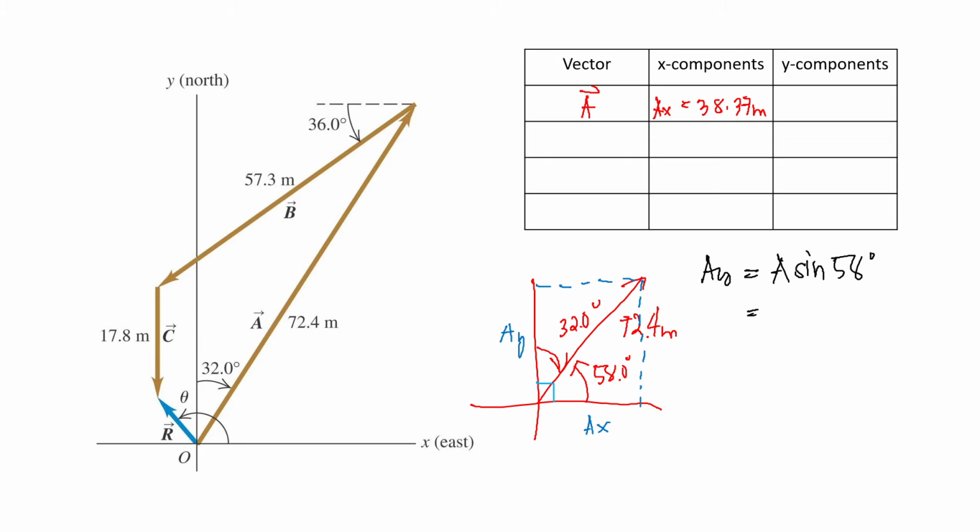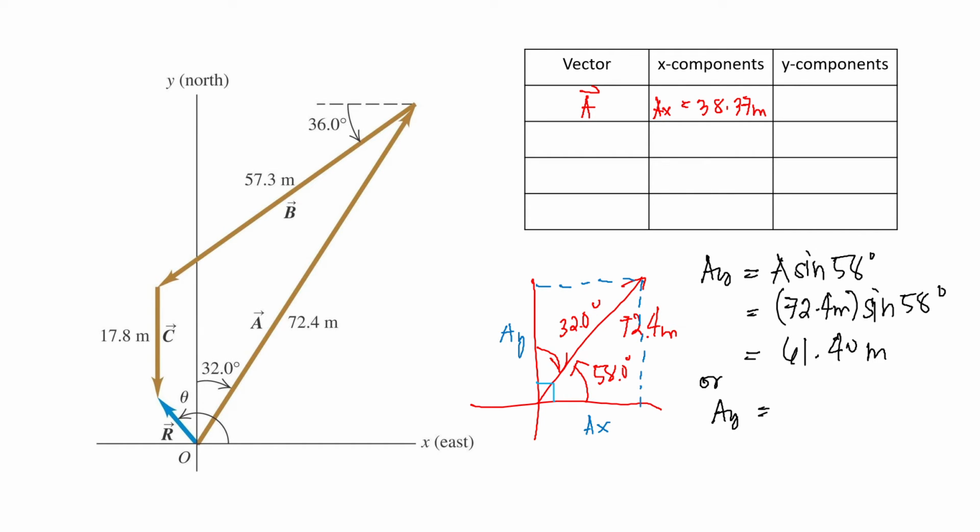Or you have 72.4 meters sine 58 degrees. Using your calculator, we get an AY equal to 61.40 meters. Or again, let's just solve it using your 32 degrees.